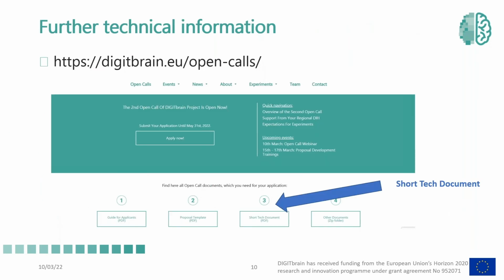You find all this information in the documents that were mentioned. What I was explaining here is also part of the short technical document. As Giacomo said, the guide for applicants is very important. The proposal template is the thing that you need to fill, and then there is other documents that give you even more information.